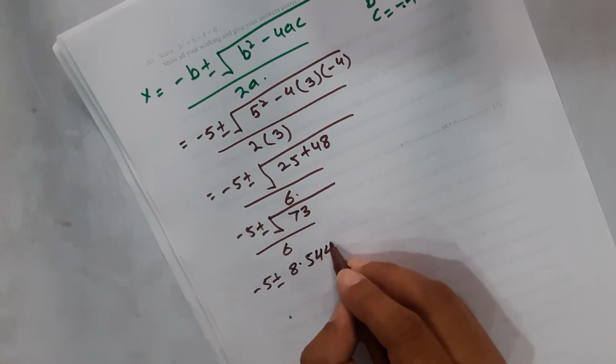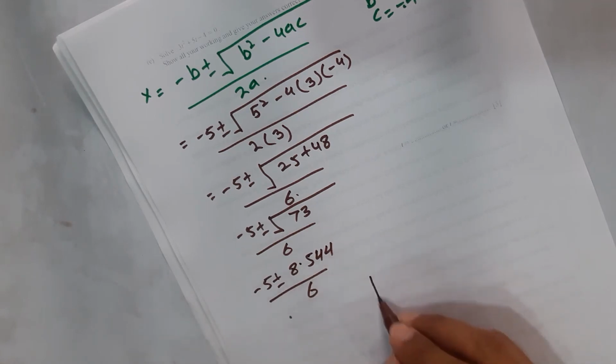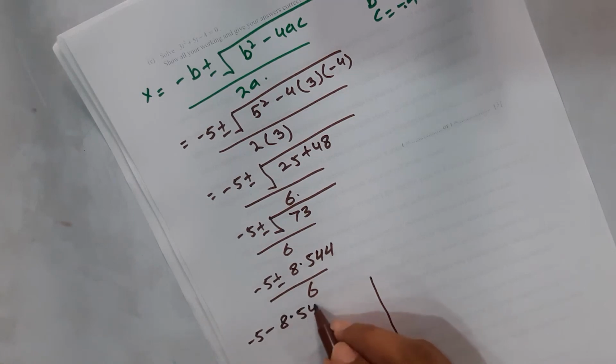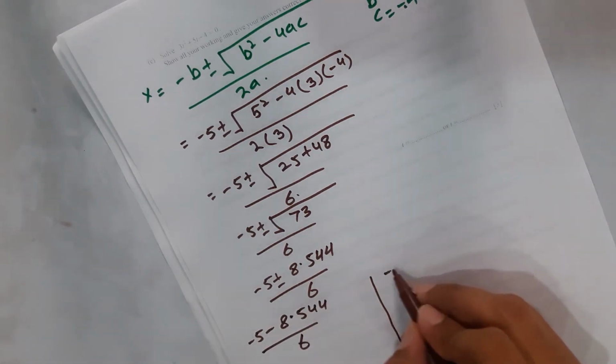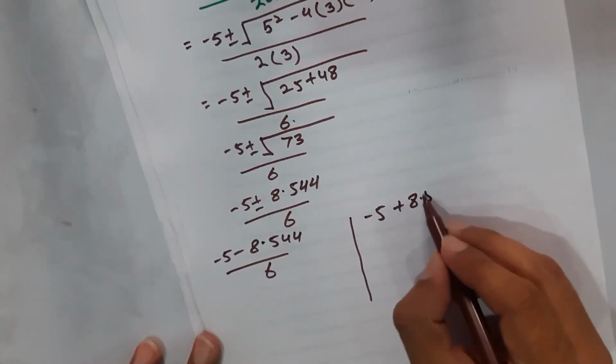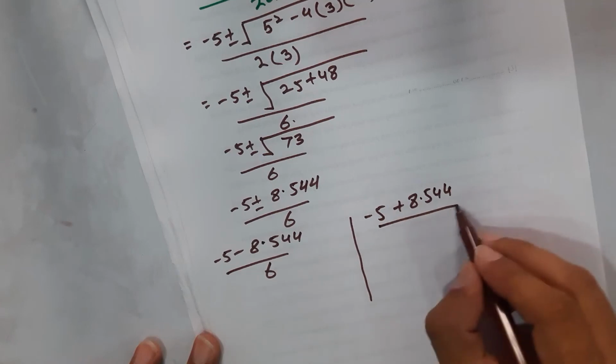8.544, over 6. We can write one with negative: minus 5 minus 8.544 over 6 and minus 5 plus 8.544 over 6.